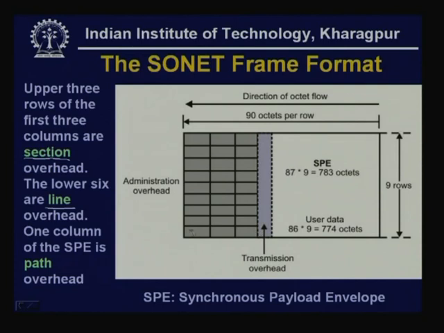That means you have to exclude 4 columns which are essentially overhead, and if you exclude them from 90 octets, you get 87 octets, which is known as the synchronous payload envelope, SPE, out of which 1 is used for path overhead, giving you user data of 774 octets. So, you have 9 such rows of 90 octets per row.